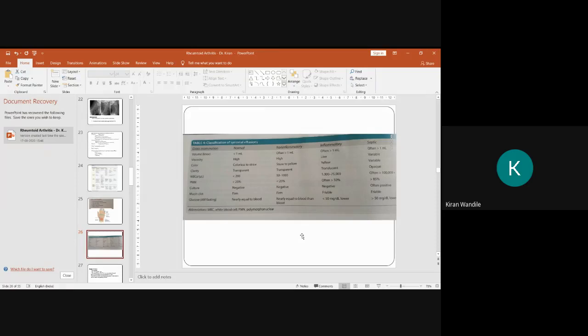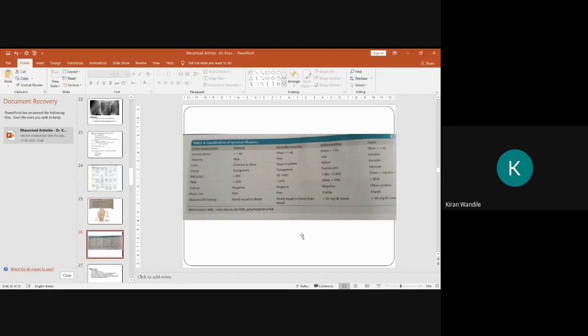And in septic, the count goes very high. It is a turbid solution, and the count rises more than 1 lakh with predominantly PMNs, more than 85%, and the culture is positive, friable.